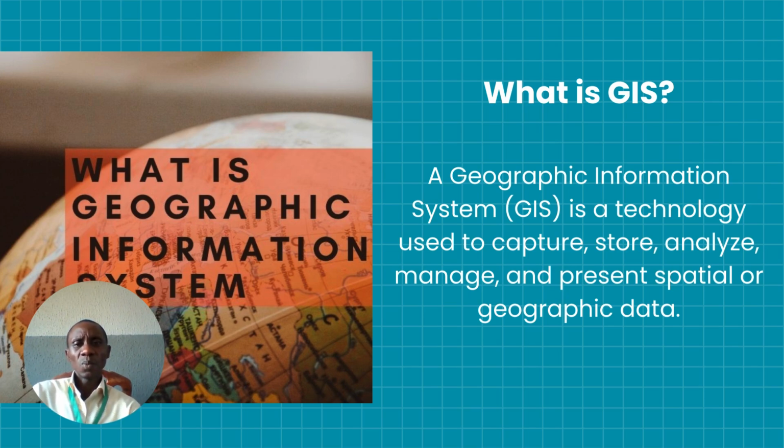So what are the components? If you have maps of areas, you know what is there. How does that help? Now let's look at those things that make up the components of GIS, those things that make GIS work.